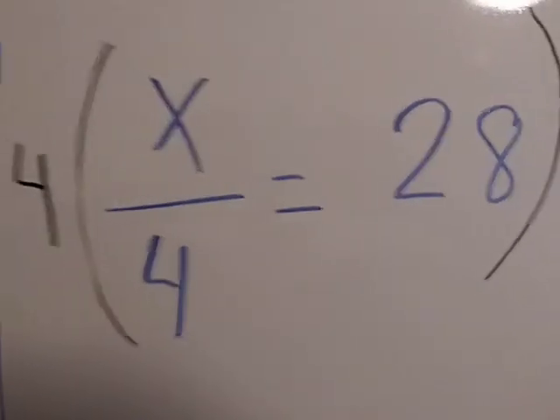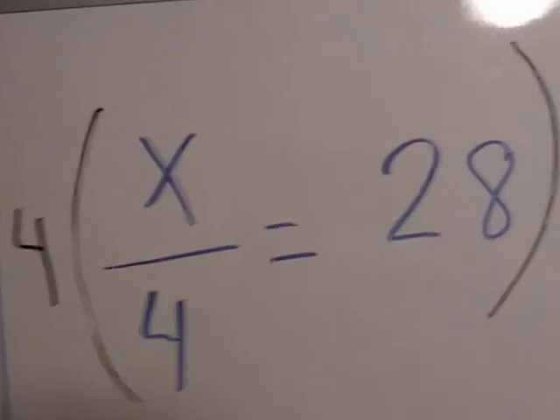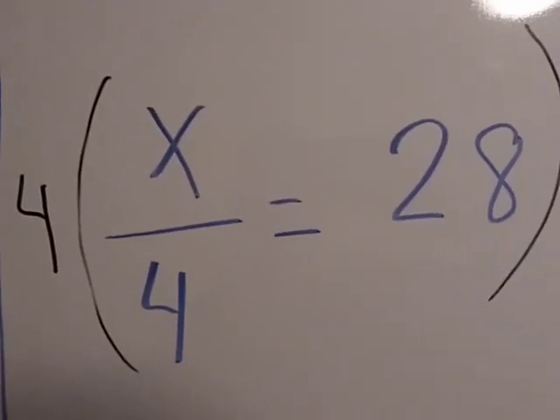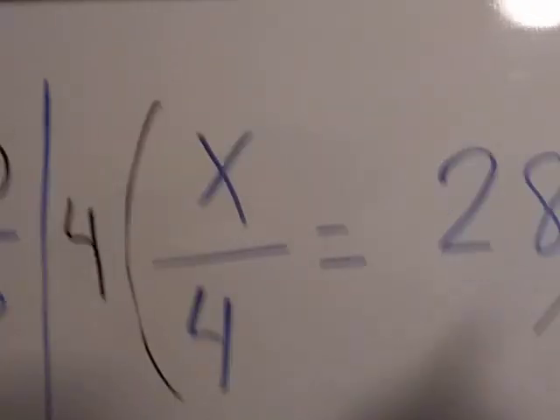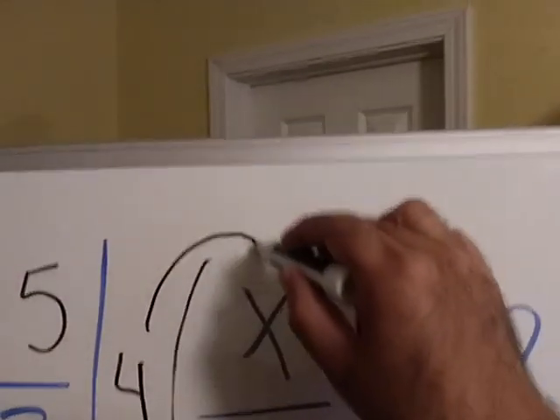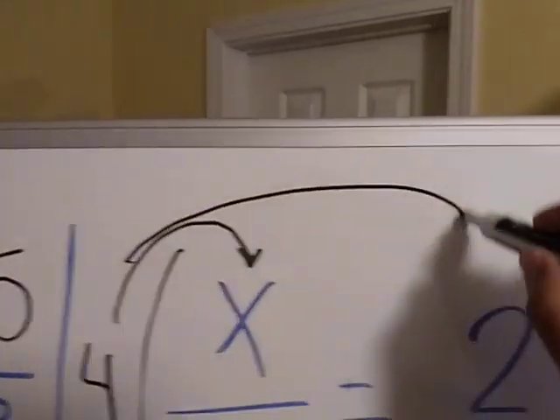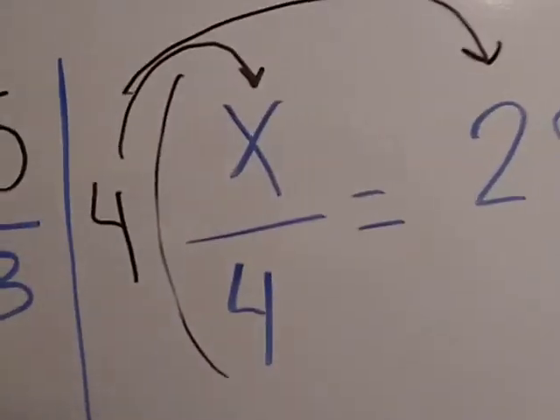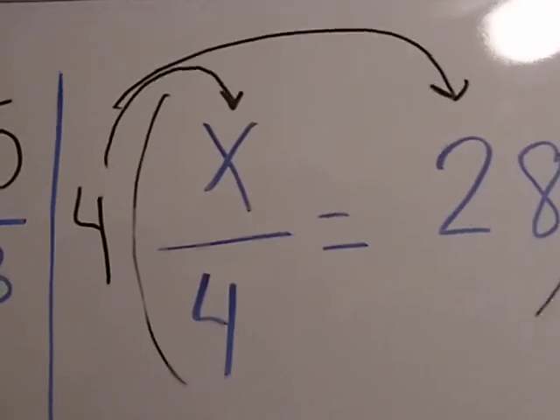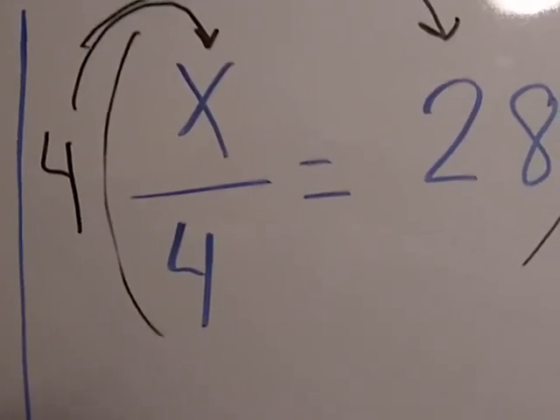If we apply the rules of the distributive property, you're distributing this 4 to the first term of that equation, and you're also distributing it to the second term, on the right side of the equal sign.